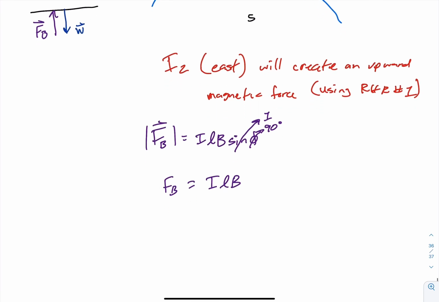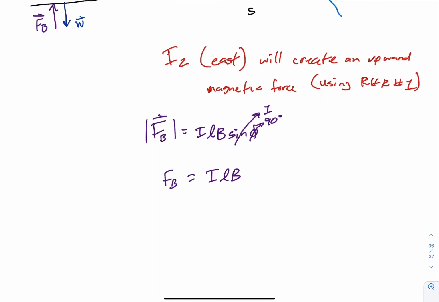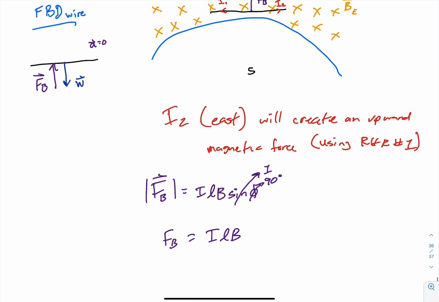But this is asking for I, isn't it? Well, looking back at the FBD, we can see that because there's no acceleration, the sum of our forces is 0, which will yield that F_B is simply equal to the weight of the wire.